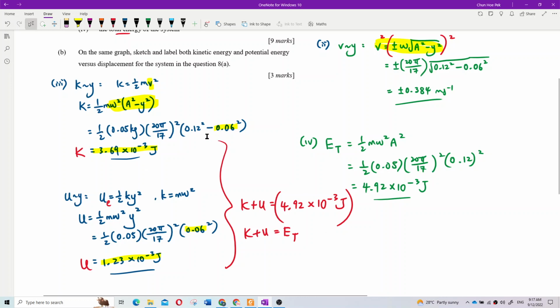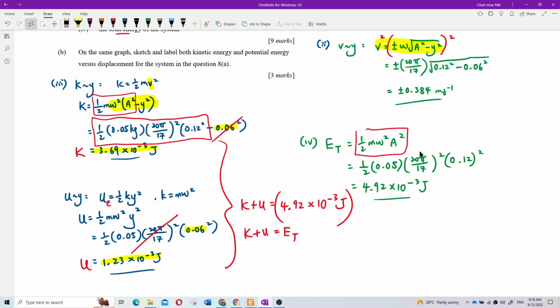Actually, if you add up these two, you just cancel this and cancel this. So you end up still with half m omega square a square, which is correct. Understand?